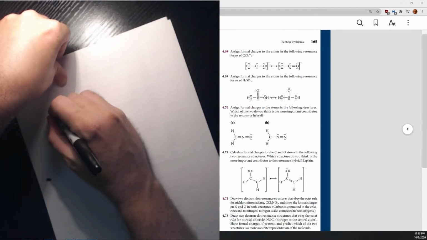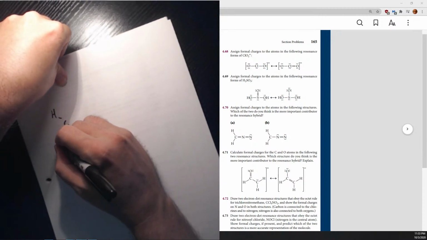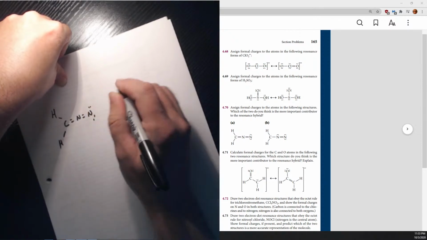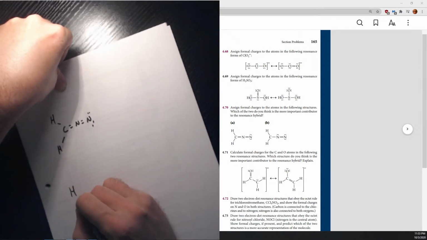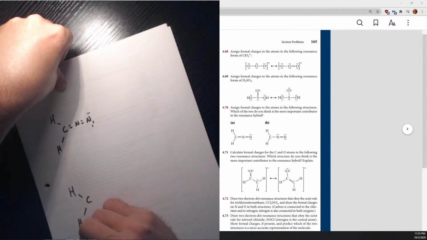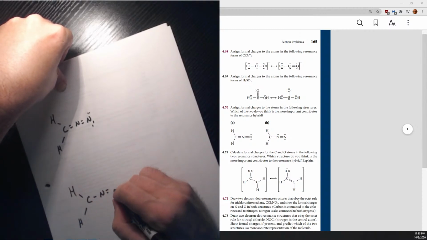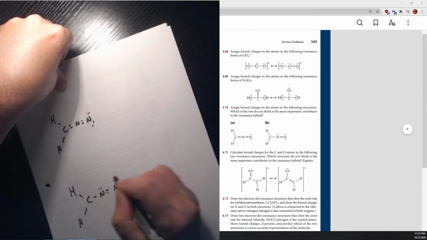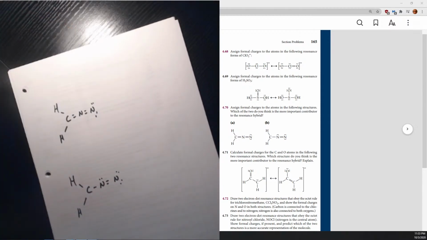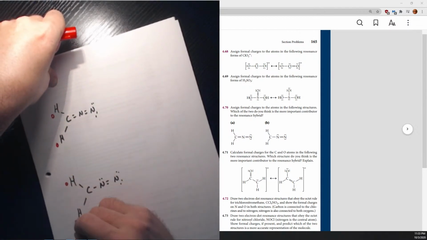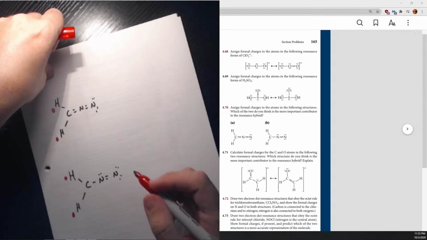All right, so we have hydrogen, carbon, hydrogen, nitrogen, nitrogen, hydrogen, carbon, hydrogen, hydrogen, nitrogen, nitrogen. So in both cases, our hydrogens are going to have formal charges of 0. They are perfectly happy just with that bond.